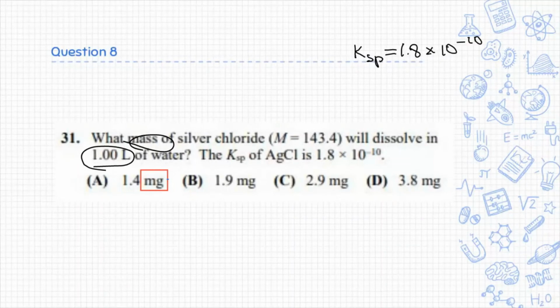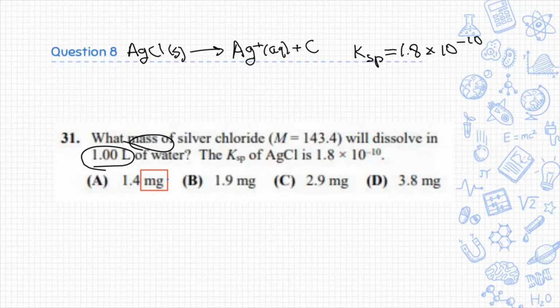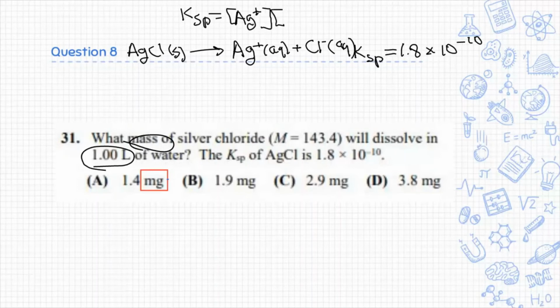All right, so let's write down the equation first, which is AgCl solid turns into Ag plus in aqueous state, and chloride ion, like that. So we know that this Ksp equation is going to be Ag plus and Cl minus.